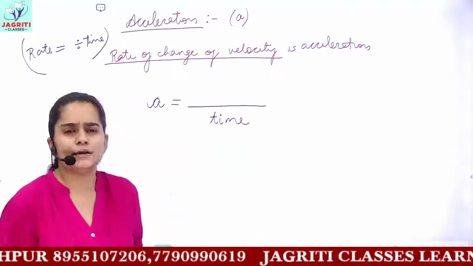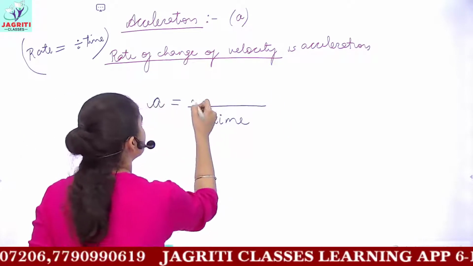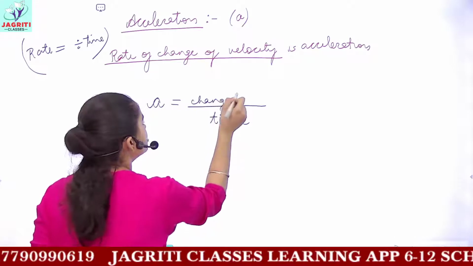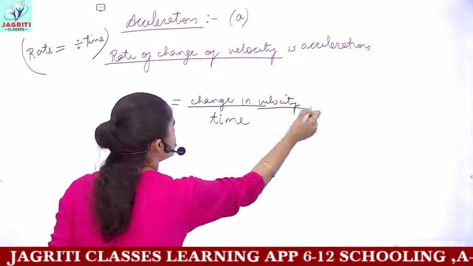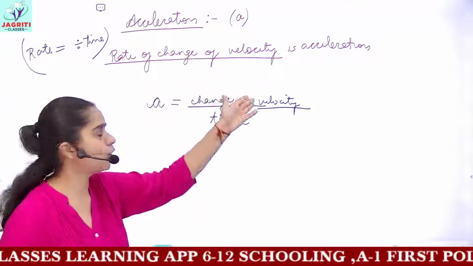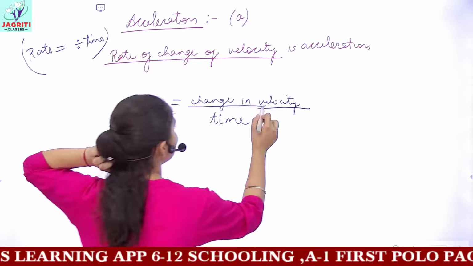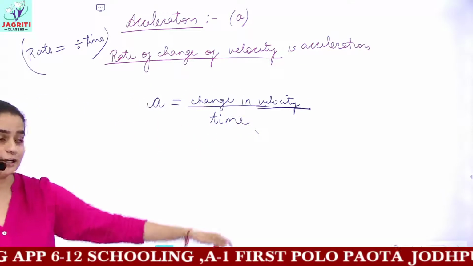So I can write acceleration is change in velocity divided by time. It is one and the same thing, whether you write of or in. We are not studying grammatical errors.